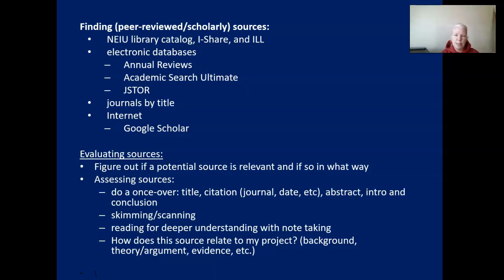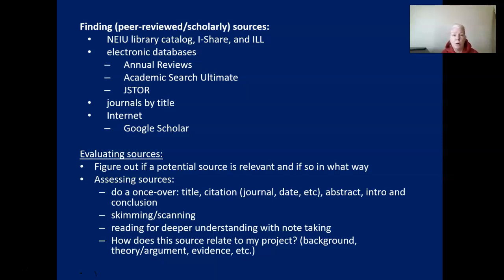So it can be a quick way to get up to speed on a certain topic without having to read 100 different articles about it. Instead, you can read one review article, and that person will say, okay, in the last 20 years, here are the key themes that have emerged on this topic, right? So that's a place to look.